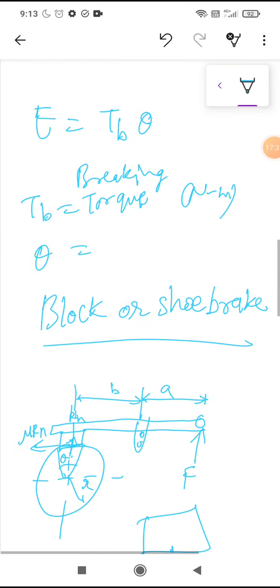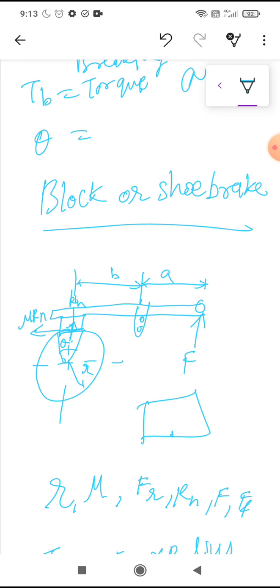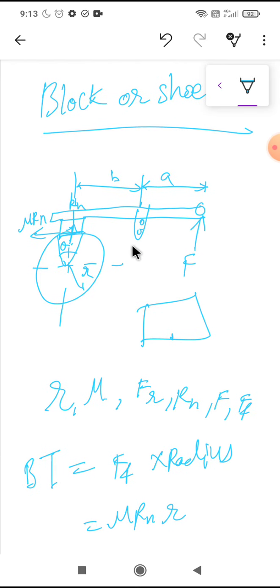I hope you understood the band and shoe brake. I will just repeat it: this is the pivot, this is the force that is applied, and the reaction force will act here. This is the friction force, that is mu Rn, and this is the normal reaction force. If the drum is rotating clockwise, the friction force will be in this direction.